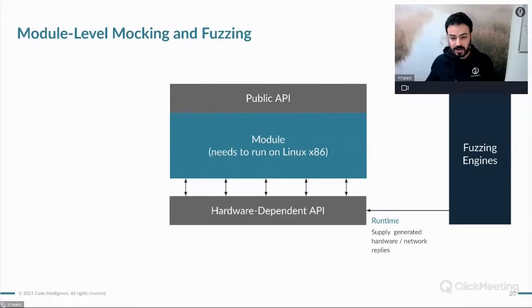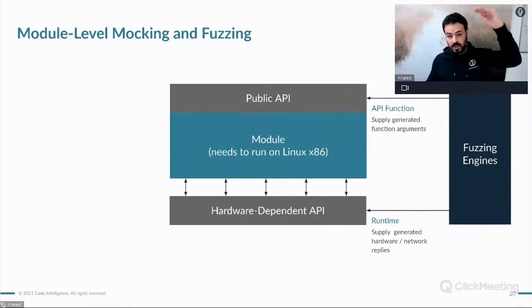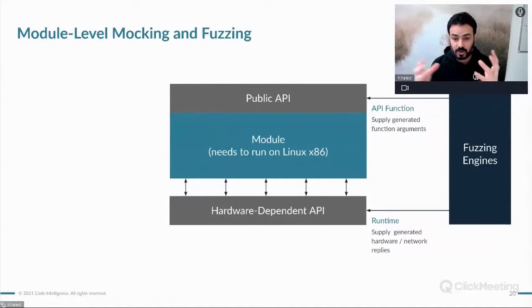So each time a hardware dependent API is called, we just supply the fuzzer generated input, and we do the same also for the public API. With this setup, all inputs to the application are fuzzed, so the module is, on the one hand, compiled on Linux x86, providing a very efficient setup, and on the other hand simulated under all the circumstances that can happen, because at all external interfaces we provide fuzzer generated inputs.